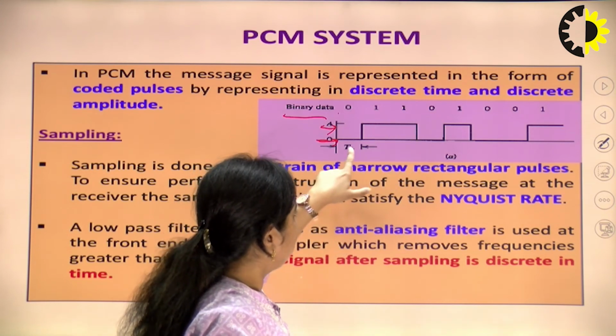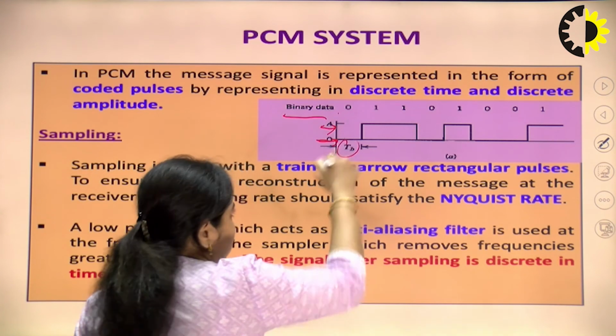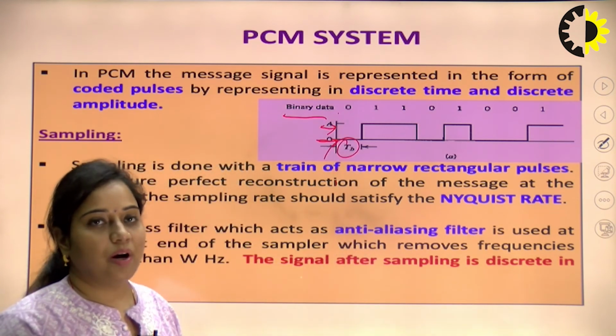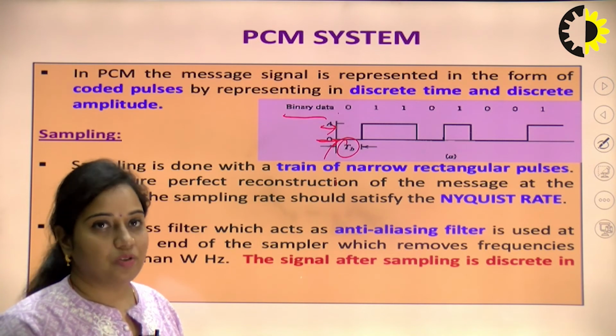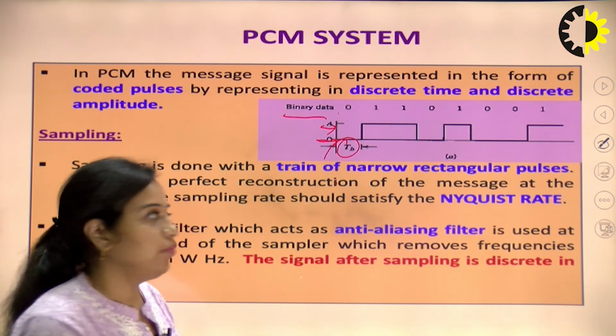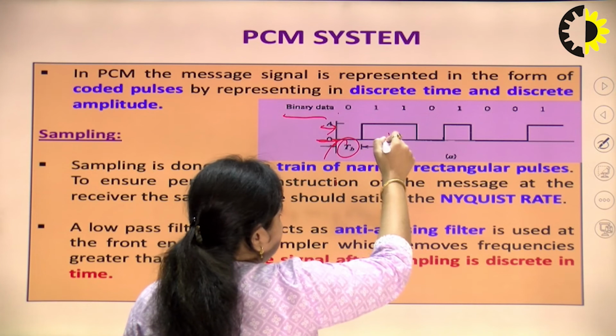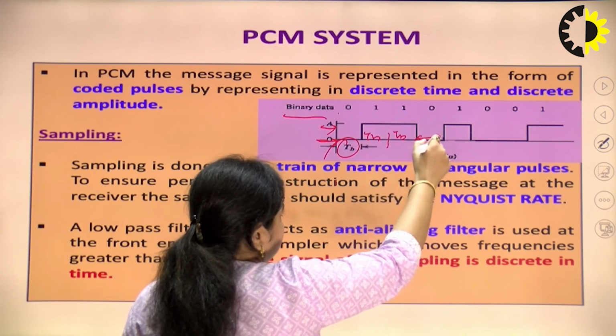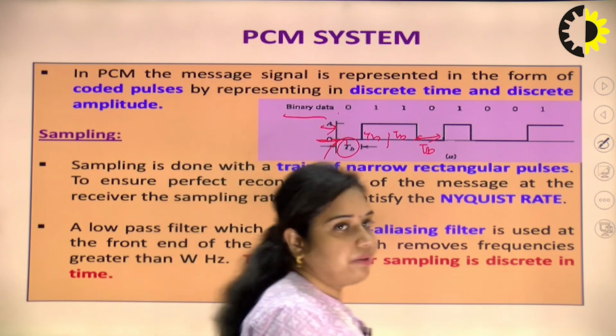The bit duration is denoted by TB, that is the time required for a single bit transmission. It can be 0, it can be 1. So, this is also TB, and this will also be TB. This is the bit duration TB that we have seen.